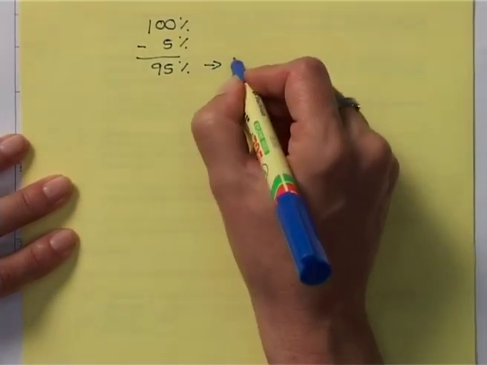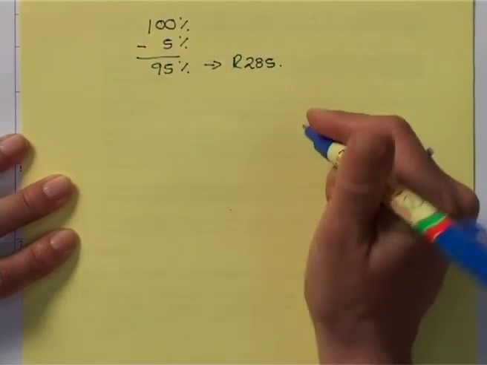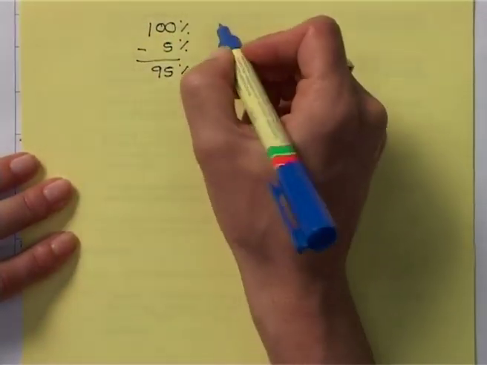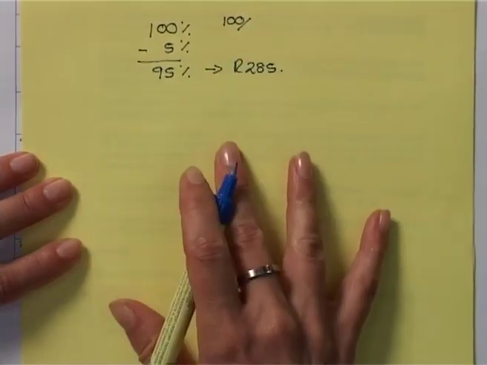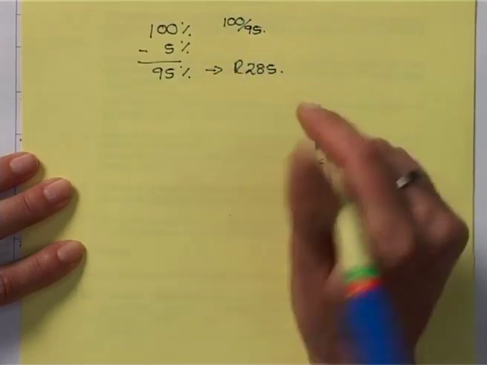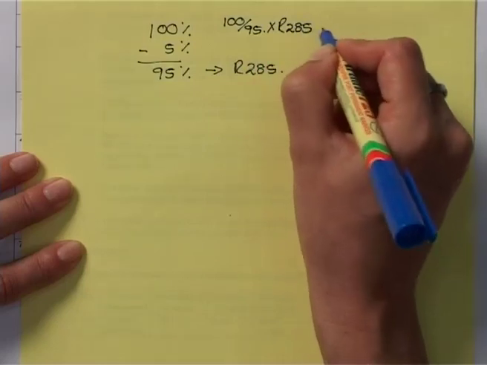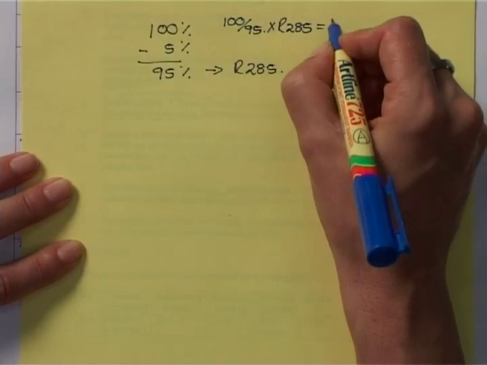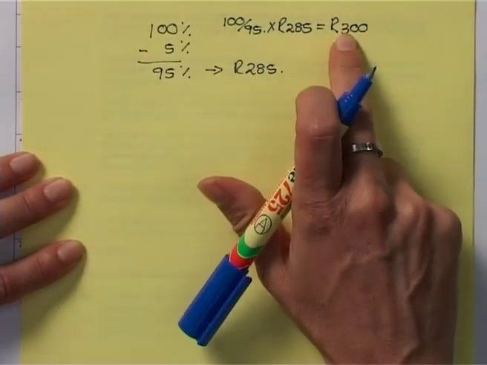This payment of 285 Rand was after the 5% settlement discount. If we then want to calculate the full account, remember we use our formula, what we want, divided by what was given to us, which is now the 95%, times the 285 Rand. And if we do that calculation on your calculator, that will give you the 300 Rand as the full account.